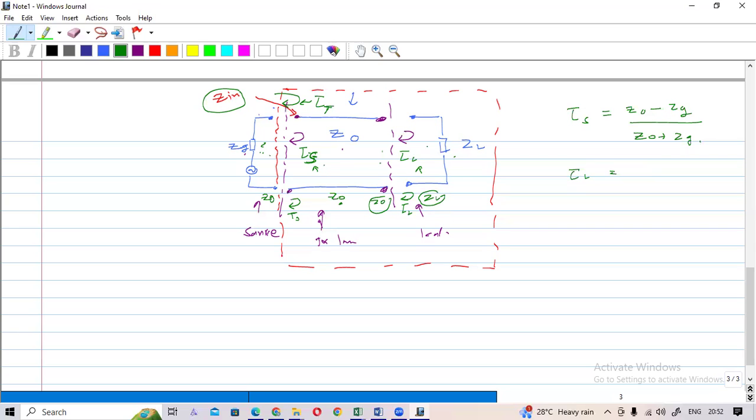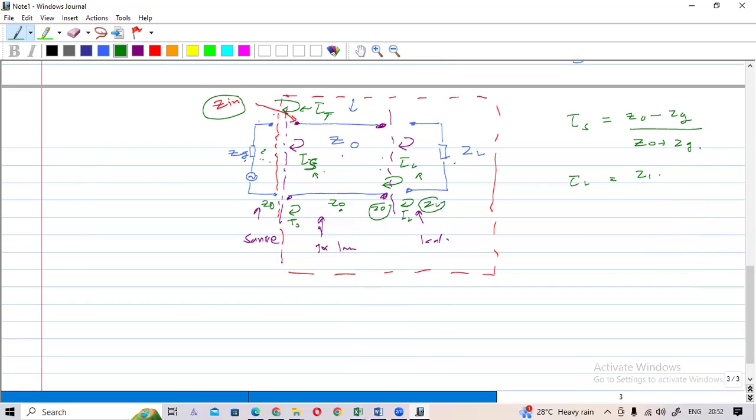You are going to find the reflection coefficient here. So what is this? Yes, very good. ZL minus Z naught divided by ZL plus Z naught.